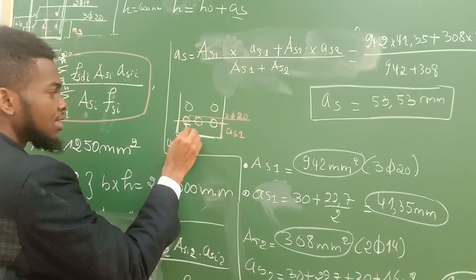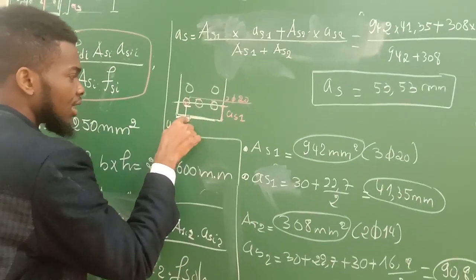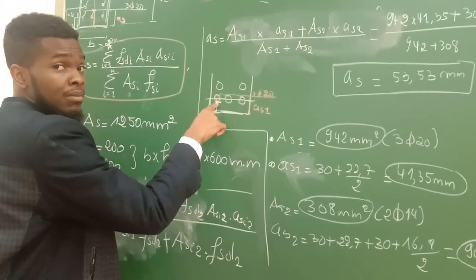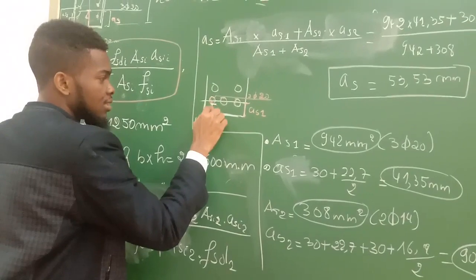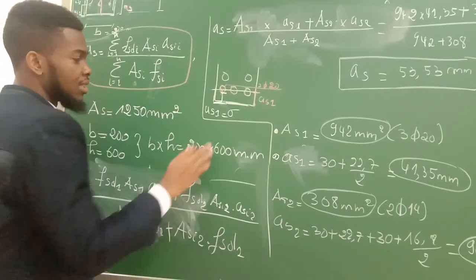So a_s1 is actually this distance, the distance between the bottom to the limit of the steel bar. We can call it sigma.